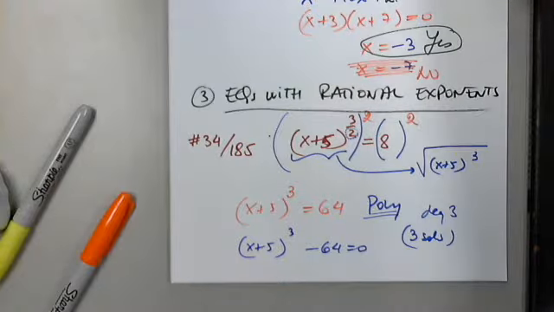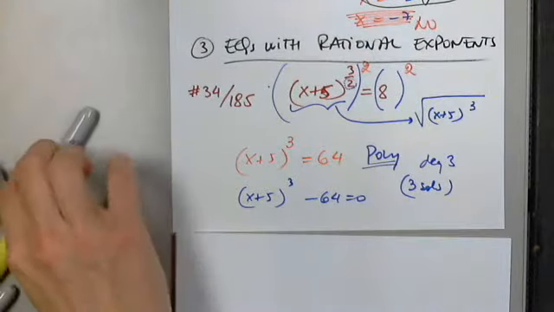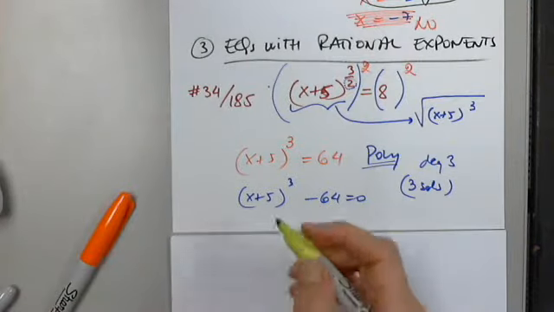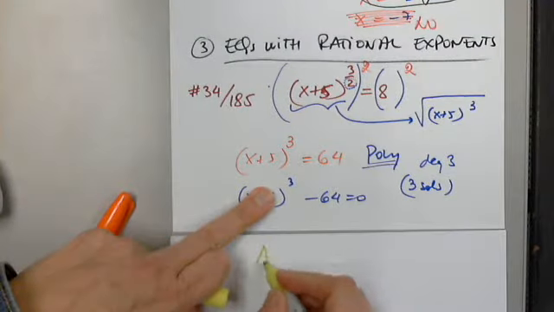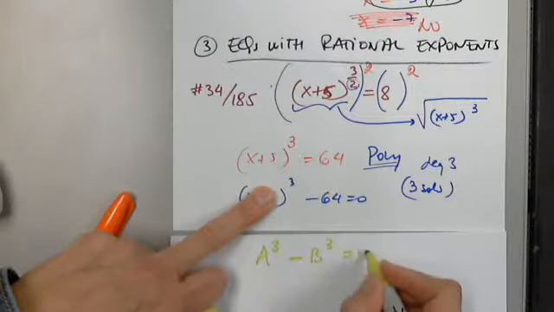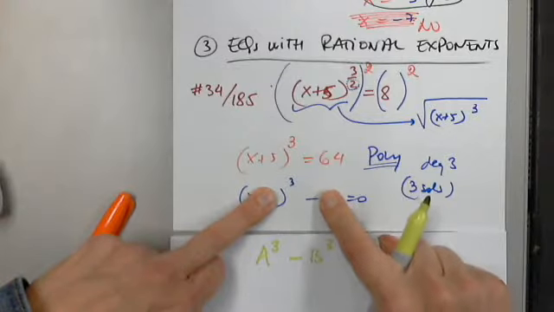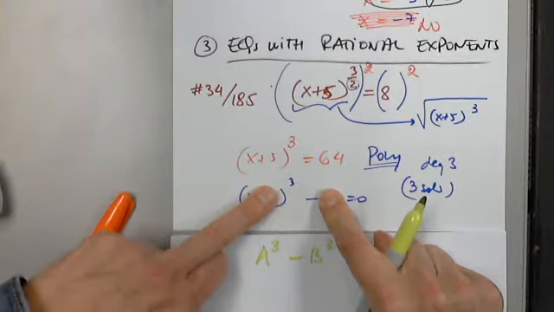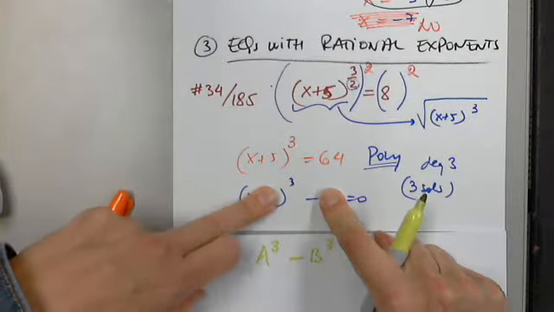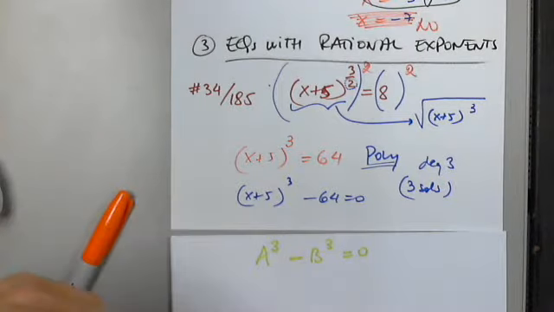Now, we reviewed this last time. So let me refresh your memory for a moment, and then I'll ask you what to do next. Imagine that here I have a cubed, and then I have here b cubed. If I know that each is a perfect cube, then how will I factor a cubed minus b cubed? Can anyone give us the factored form?